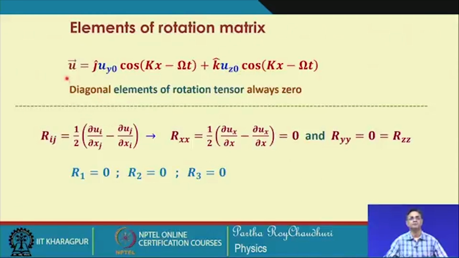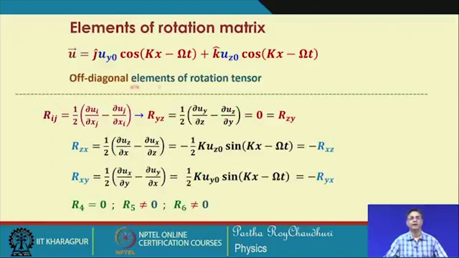Then the diagonal elements of the rotation tensor are always 0. We know that R 1, R 2, R 3 will be 0 in any case, because it is the difference of the same element from the same element. So, this is 0, and for the off diagonal elements of the rotation tensor, when you have both the polarizations present, that is y and z polarized shear wave, R y z involves displacement u z along y and displacement of u y along z, so that is equal to 0.